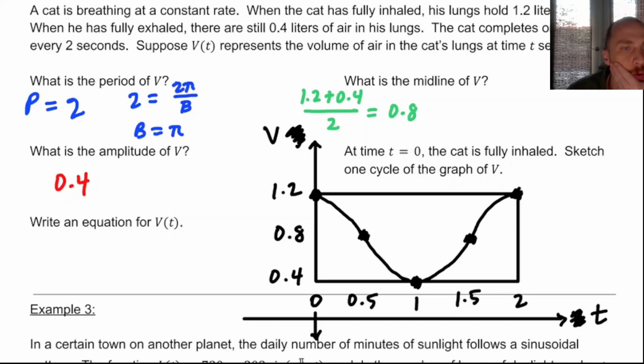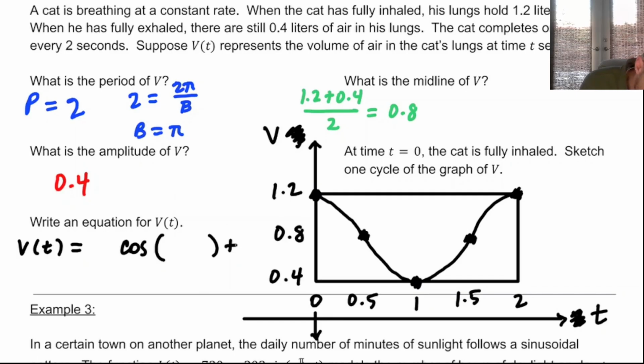All right, and then an equation for v of t. I'm going to definitely want to start with cosine. V of t equals some number times cosine of, leave plenty of room, plus something else. The amplitude is the number that goes on the outside, so that's 0.4. Cosine of b is pi.